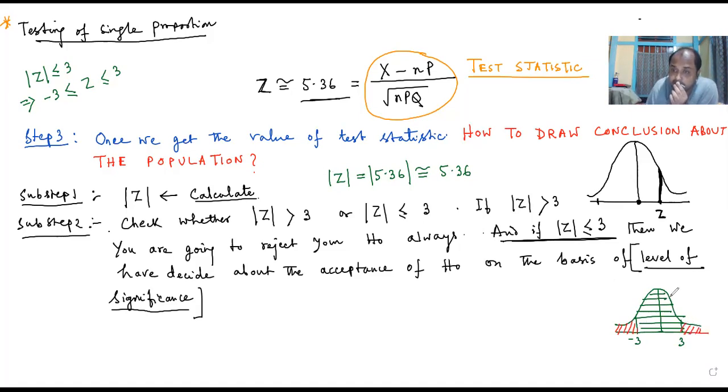In hypothesis testing, these regions which I have marked by red color and by green colored lines have some special names. The regions which I have marked by green colors are called acceptance region.